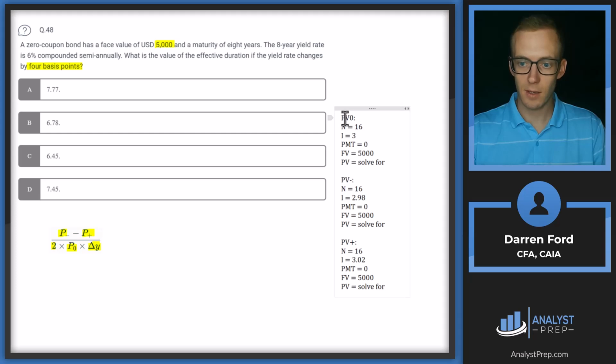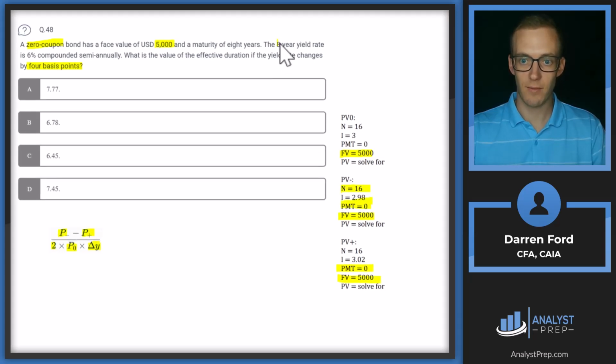So our PV0 is the current price under these circumstances. So 5,000 face value, payment of 0 since it's a 0 coupon bond, and that's going to be static across all of these that we're solving for. Our N is also going to be the same at 16 since we have an 8-year rate compounded semi-annually.